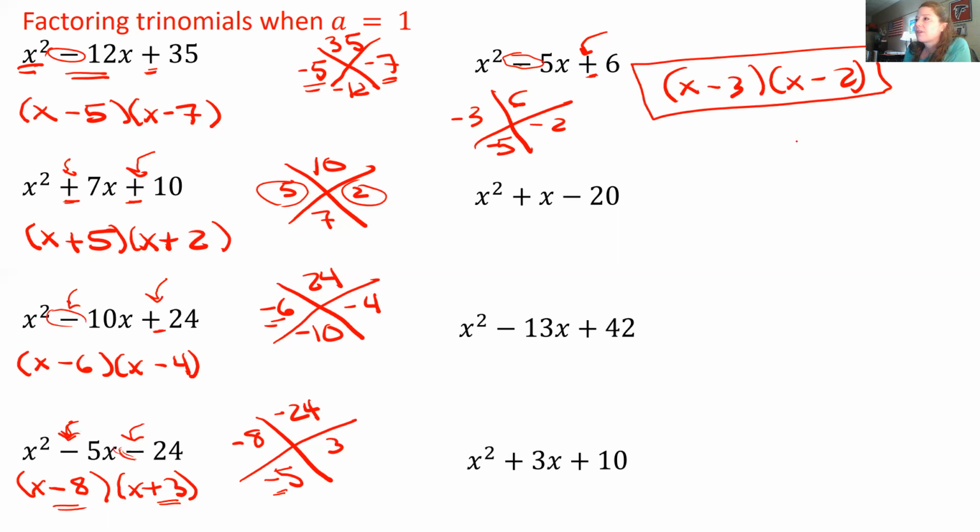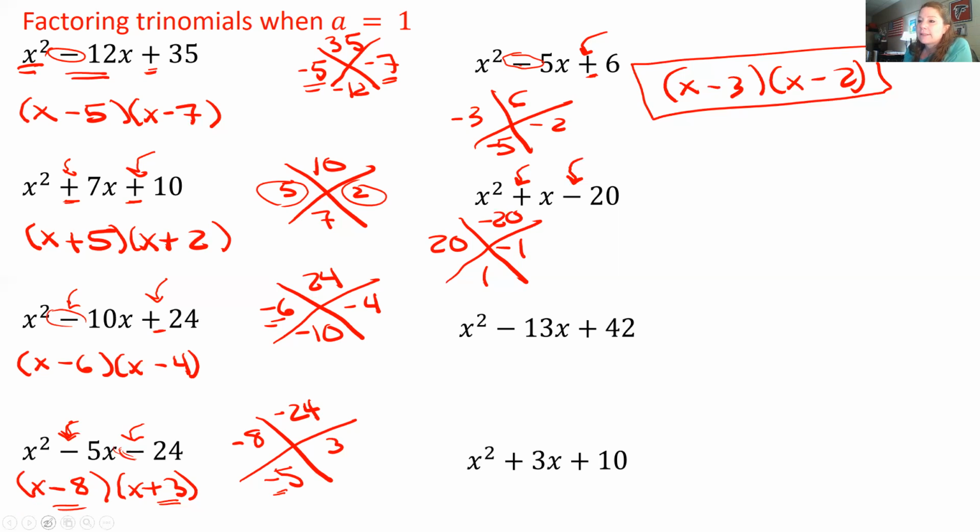Here's our answer. Here we have a product of negative 20. This tells me my two signs are different, and this tells me the biggest number has to be positive to get positive 1. So that would be 20 and 1, wouldn't it? And the biggest number is positive. So 20 times negative 1 is negative 20, and 20, oh, that's not right.